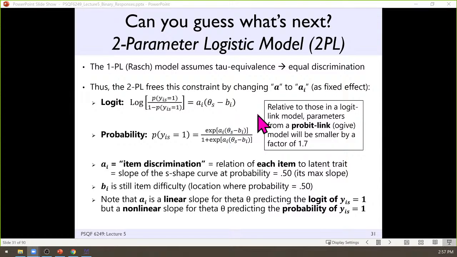It is individually varying discriminations. So the 2-parameter model starts with each item gets its own difficulty location and adds that each item gets its own slope. A is known as item discrimination explicitly. It is the slope at the location of the item's difficulty.